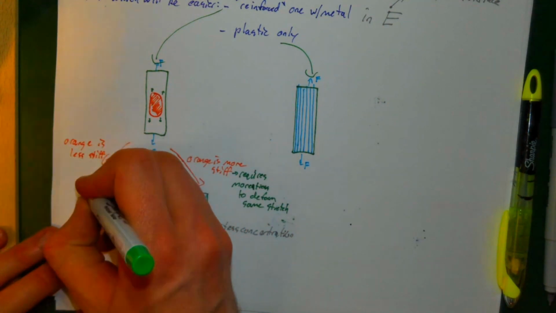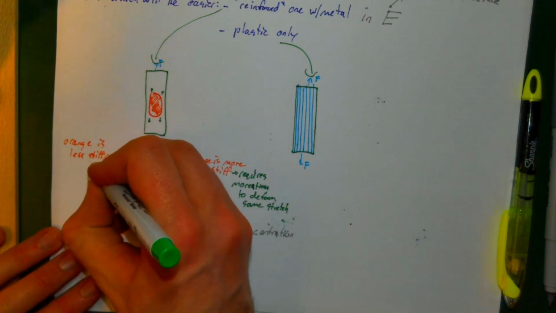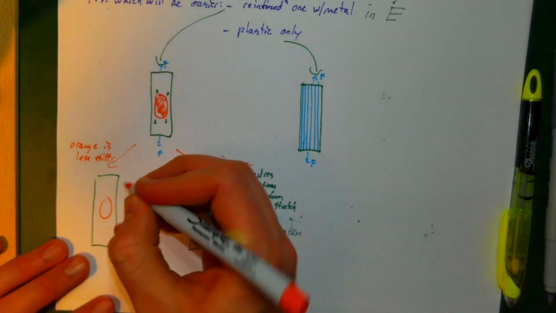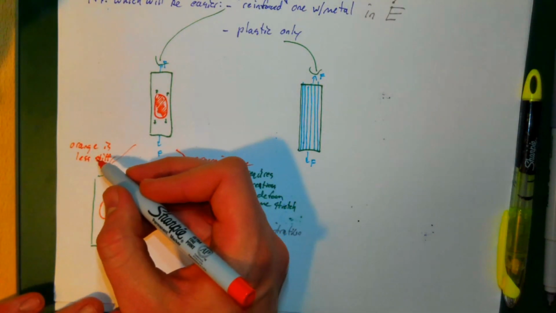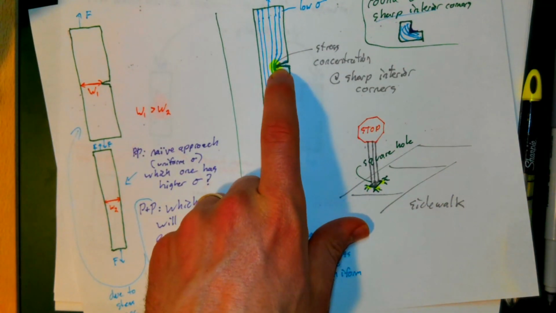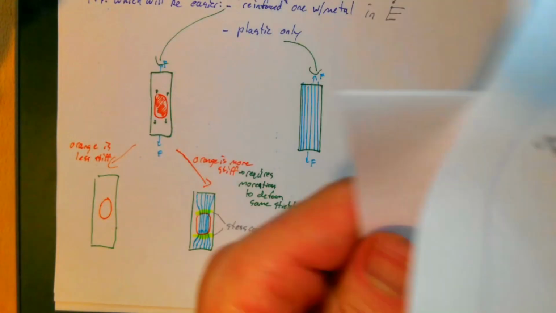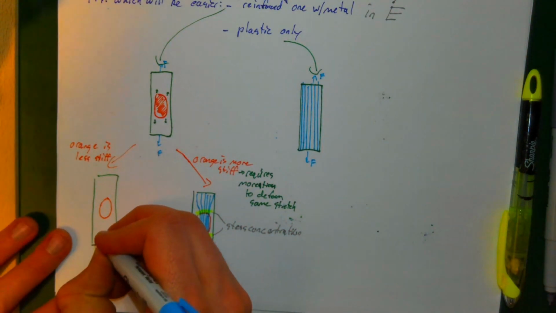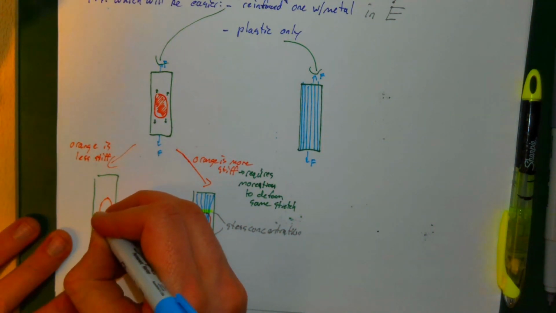In a sense, the opposite is true, but with an equally bad conclusion, if the orange is less stiff than the surrounding material. You can almost imagine it in the extreme case where the orange is a hole. If the orange is a hole, it behaves almost the same way that this crack did. The stress gets deflected around it.